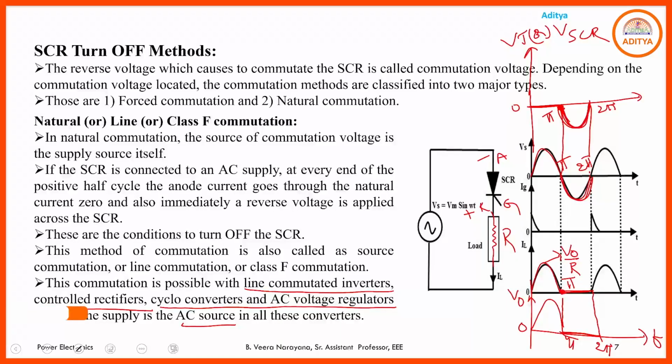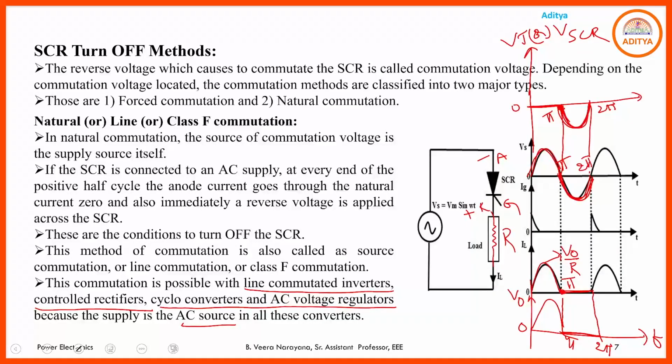During the negative half cycle of the supply, if the SCR goes to the off state, that type of commutation technique is called natural commutation, class F commutation or line commutation. In this commutation technique, we do not use any external circuits. It simply depends on the nature of the source, and the SCR goes to the off state. After completion of every positive half cycle, when the line crosses over, the negative half cycle will be present across the SCR.